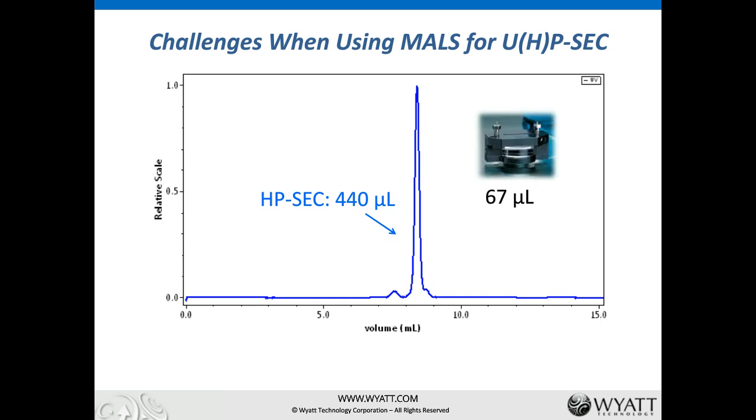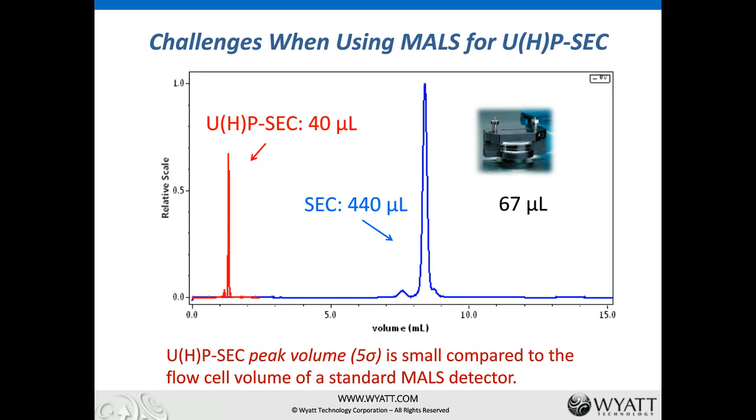Our flow cell volume is a little bit less than 70 microliter, so less than 20% of the peak volume, making it acceptable for SEC separation. But when we move to UHP-SEC separation, the peak volume is much reduced to only 1/10. And now the standard MALS detector is no longer suitable for the SEC separation.